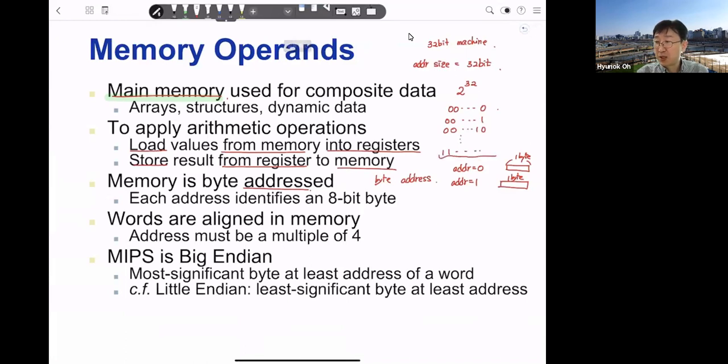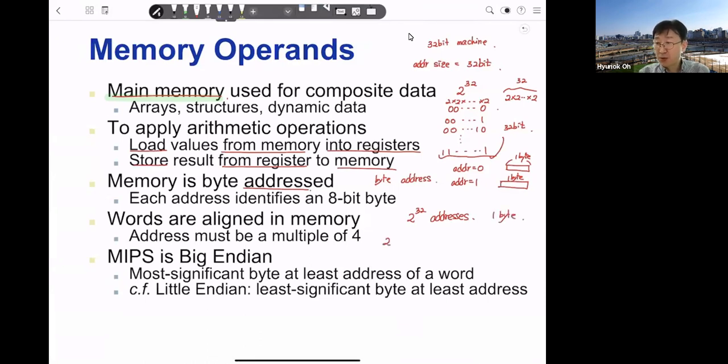This is 32 bits, so there are 32 twos, which means 2 to the 32. So there are 2 to the 32 addresses, and for each address, 1 byte is mapped.